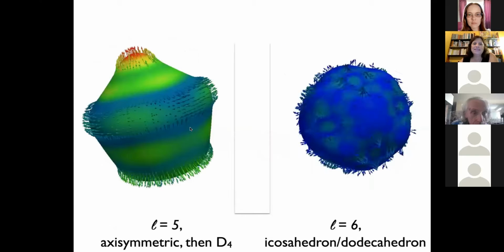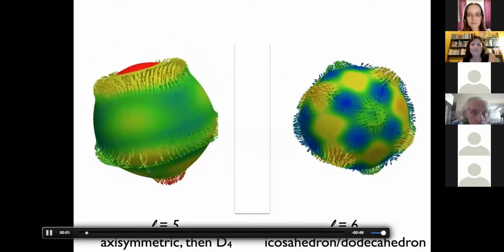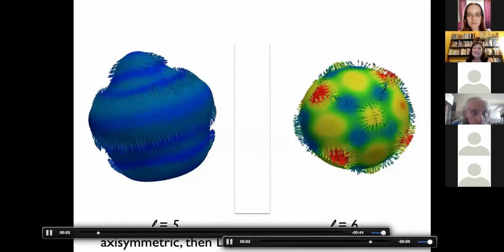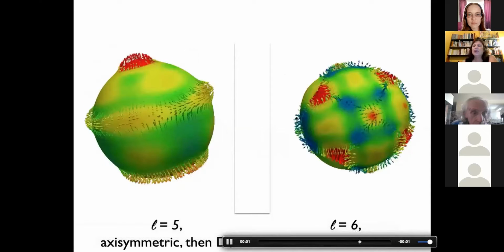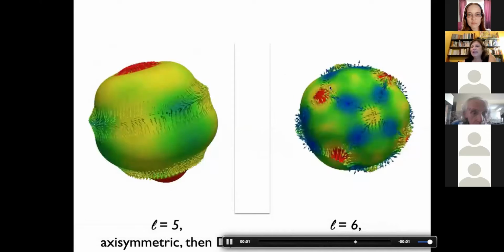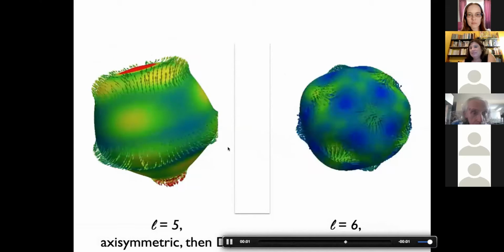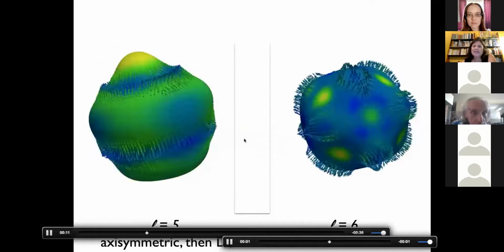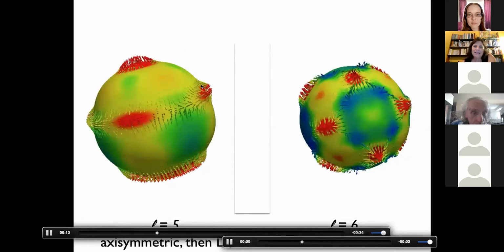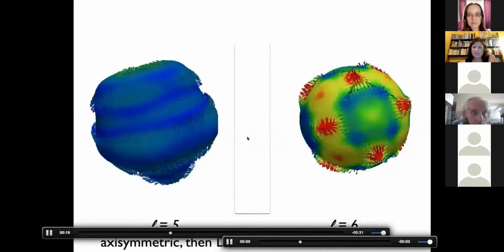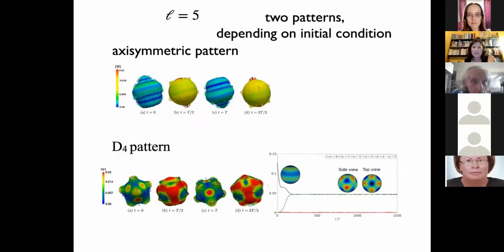For the 5 and the 6 cases, the 5 is not part of the Platonic solids. The 6 is. The 6 is an oscillation between an icosahedron and a dodecahedron. So we have these very nice shapes in our spherical simulations. And I think I'm getting to the end of that story.